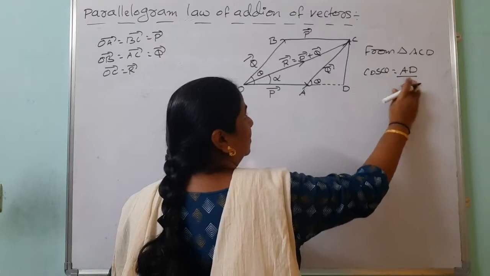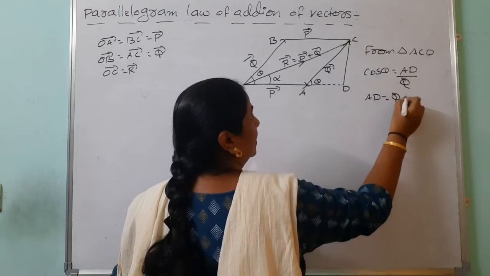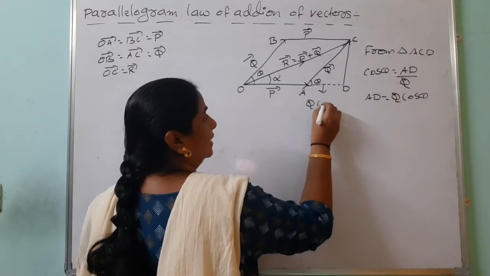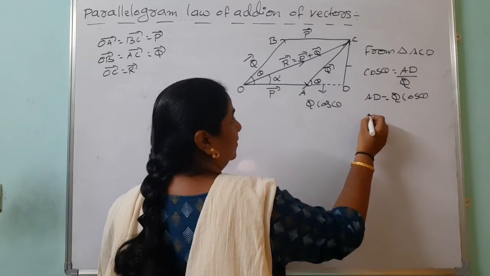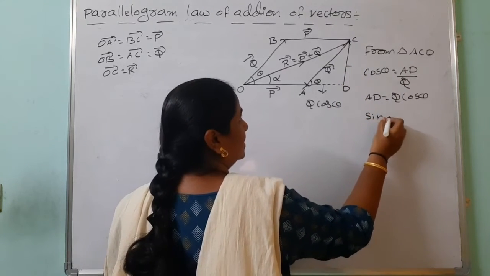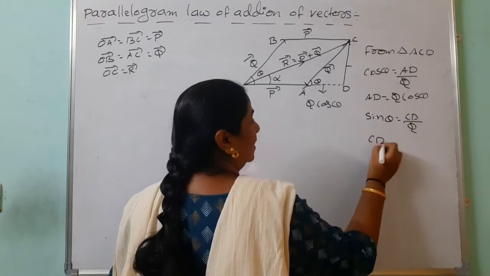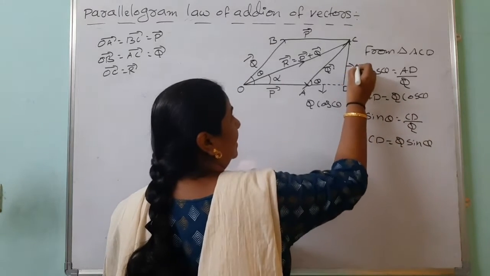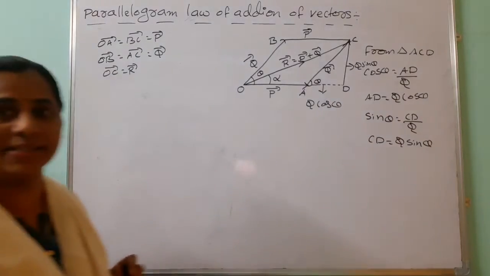AC is nothing but Q. So we can take AD equals Q cos theta. And CD is how much? For that we take sin theta is CD by Q. From this, CD equals Q sin theta. So this is the CD value, Q sin theta, and this is Q cos theta.